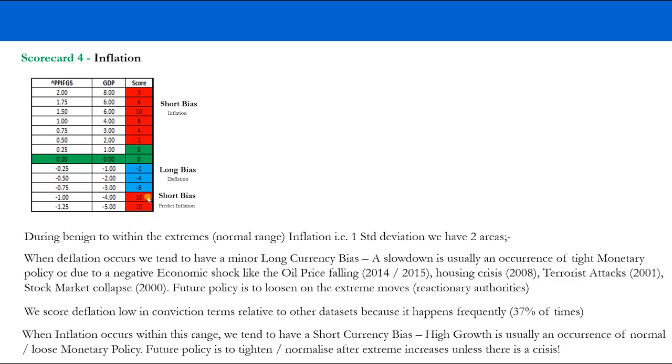And we tend to have a very strong bias to the short side here, predicting inflation. And again, we score deflation low in conviction terms relative to other data sets because deflation in business in the US happens quite frequently, so 37% of times.